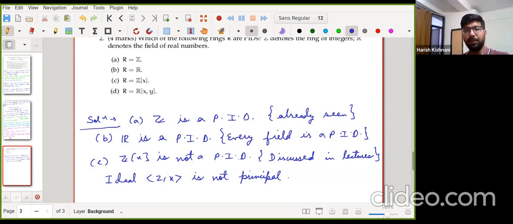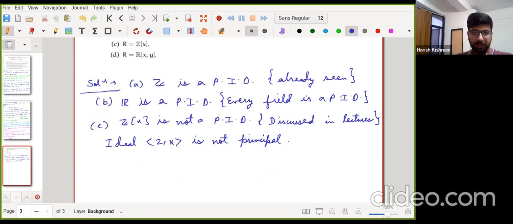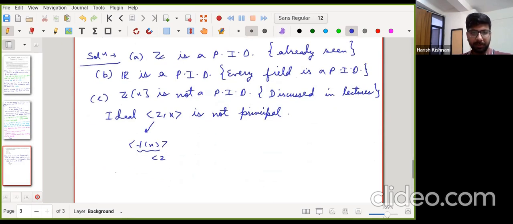But if it is a constant polynomial, then it has to be an even integer, because 2 is in the ideal. So what I want to say is, say it is generated by a single element, say f(x). Then first of all f(x) must have degree strictly less than 2. So it's going to be either a linear polynomial ax plus b or a constant polynomial.